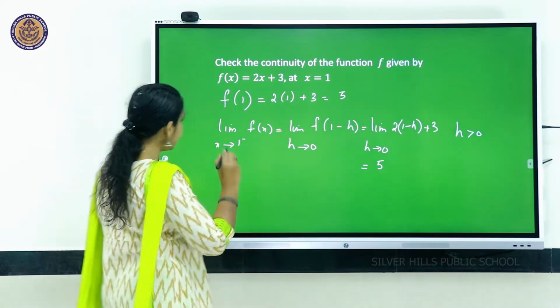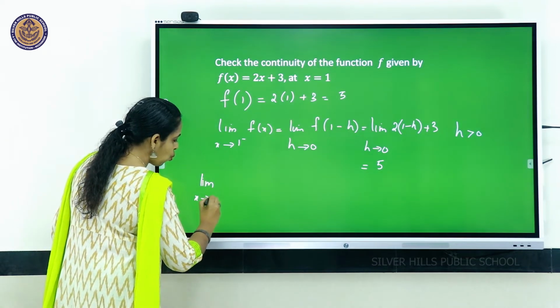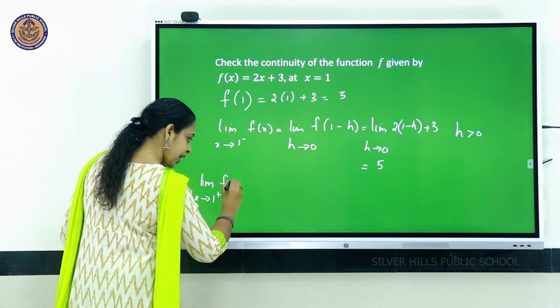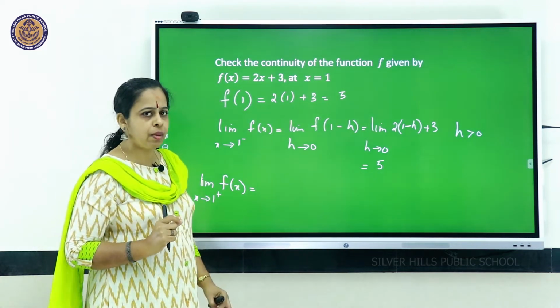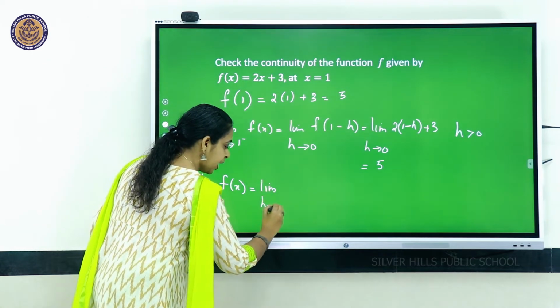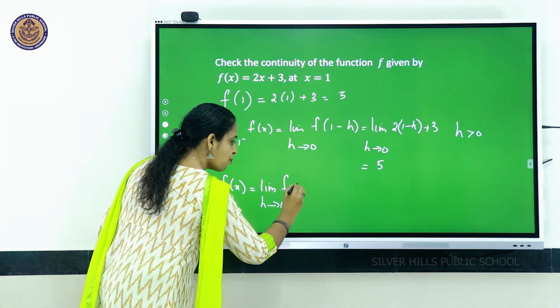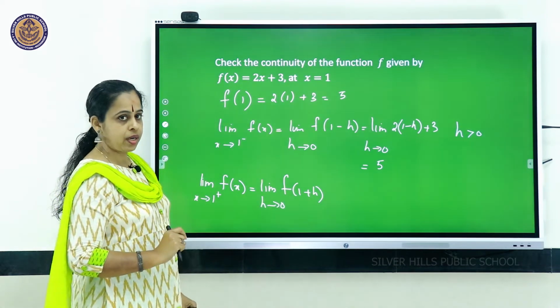Correct? Again, if you take limit x tending to 1 plus f of x, same way h is a small positive number. So, we will write limit h tending to 0, f of 1 plus h, just right of 1.